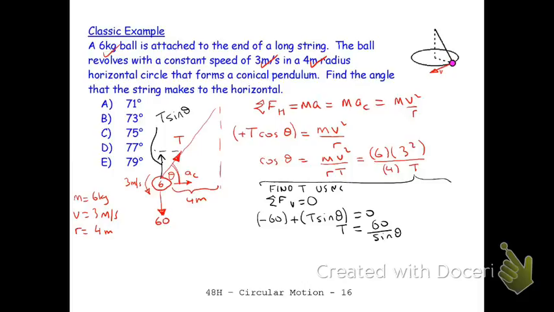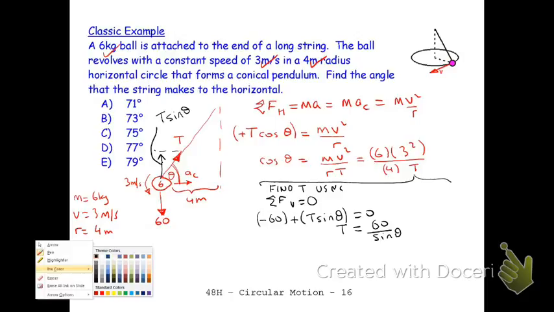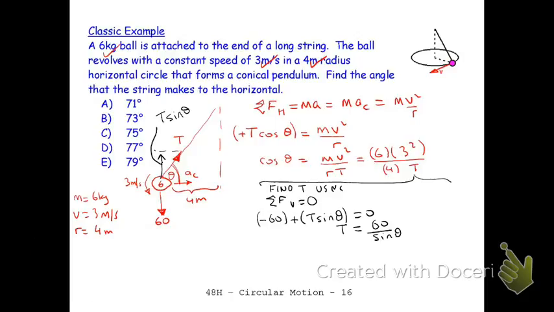So then if I substitute back in, let's go to a different color, purple. So then I say cosine theta is equal to 3 3s are 9, 6 9s, 5 9s are 45, 6 9s are 54. 54 over 4. And instead of t, I'm going to put down 60 over sine theta.